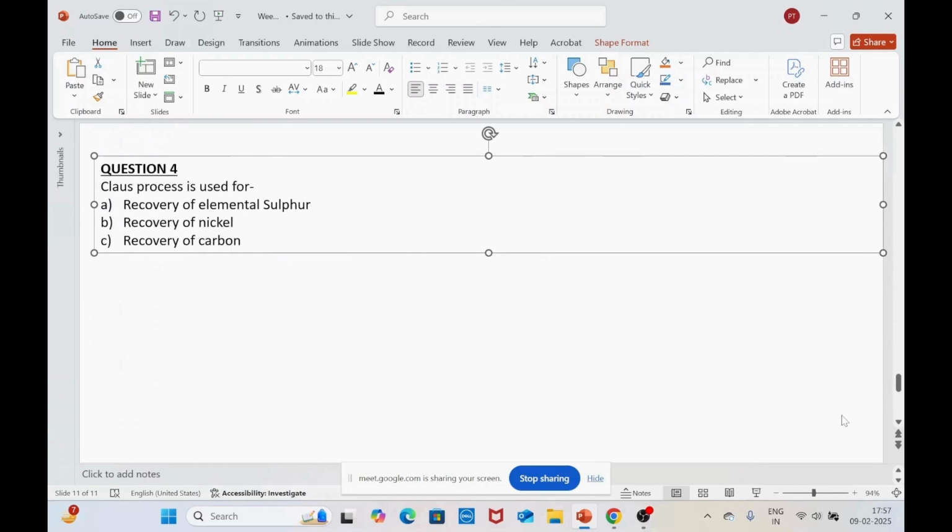Claus process is used for. I'll not tell the answer because the question itself is straightforward. Claus process is used for recovery of elemental sulfur, recovery of nickel, and recovery of carbon.